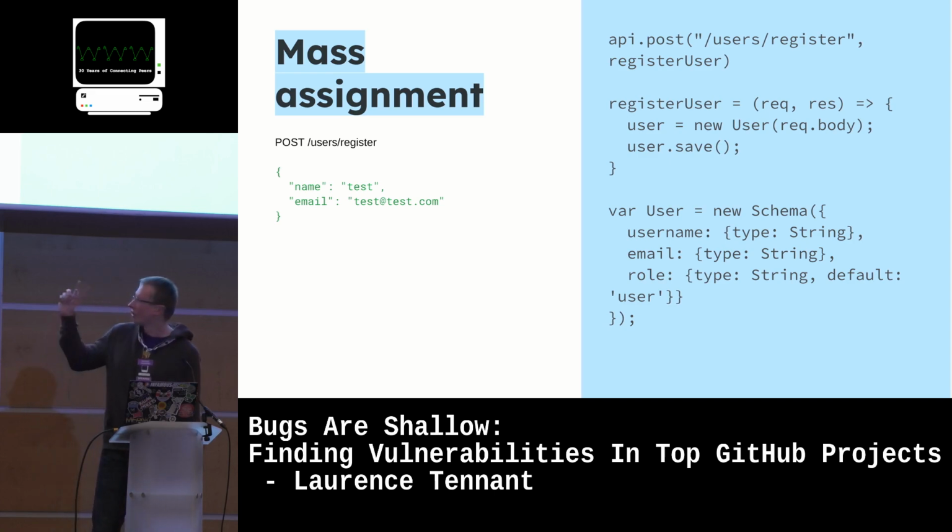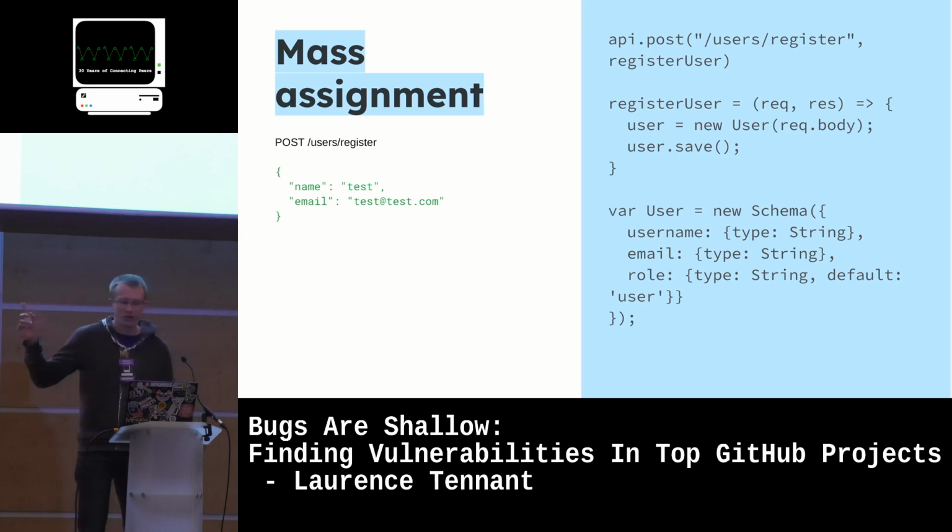So at the top we have the API post route for users/register. If you make a post request to that route, then it calls the register user handler. The register user handler takes the post request body and saves it as a new user object into the database.